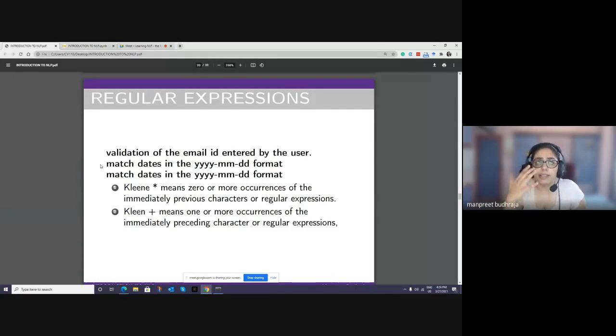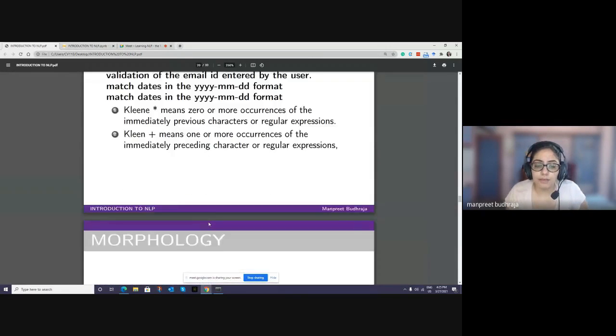So if your text is A B C D E F G 1 2 3 and you put \d*, you have a lot of digits in this or no digits in this. And plus means at least one or more than that. So there should be at least one digit, or whatever the type of regular expression you're trying should be there in that.